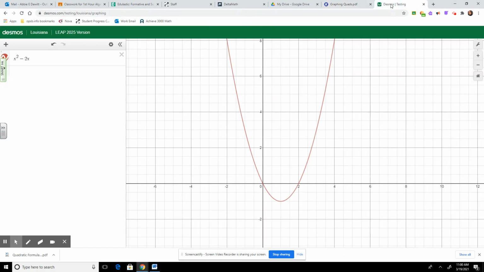Now the vertex, where's the point in which the graph changes direction? I'm decreasing, I'm going down, and then at this point, you click and hover, it's going to start to increase. So the vertex is down here in the bottom of the valley at 1, -1.